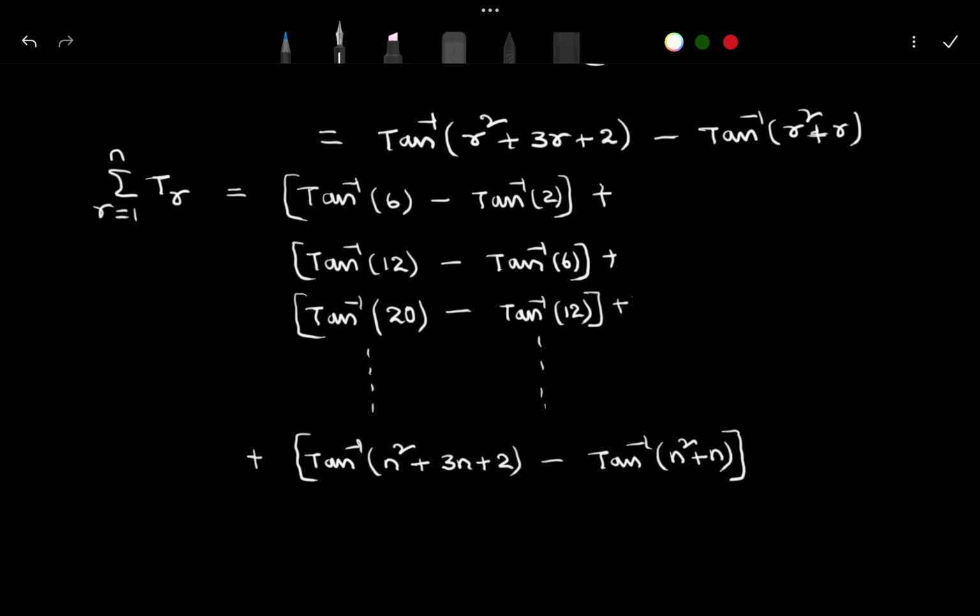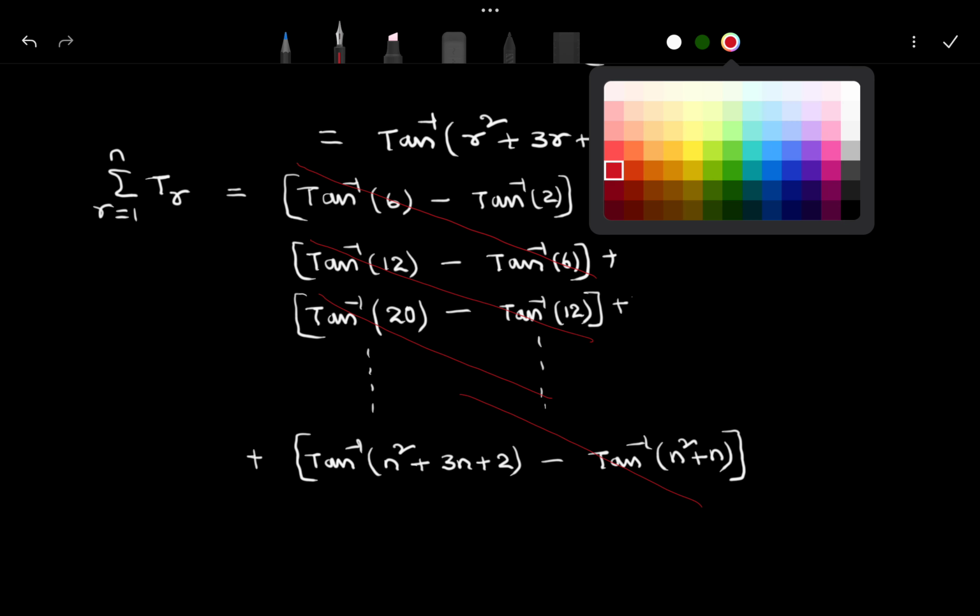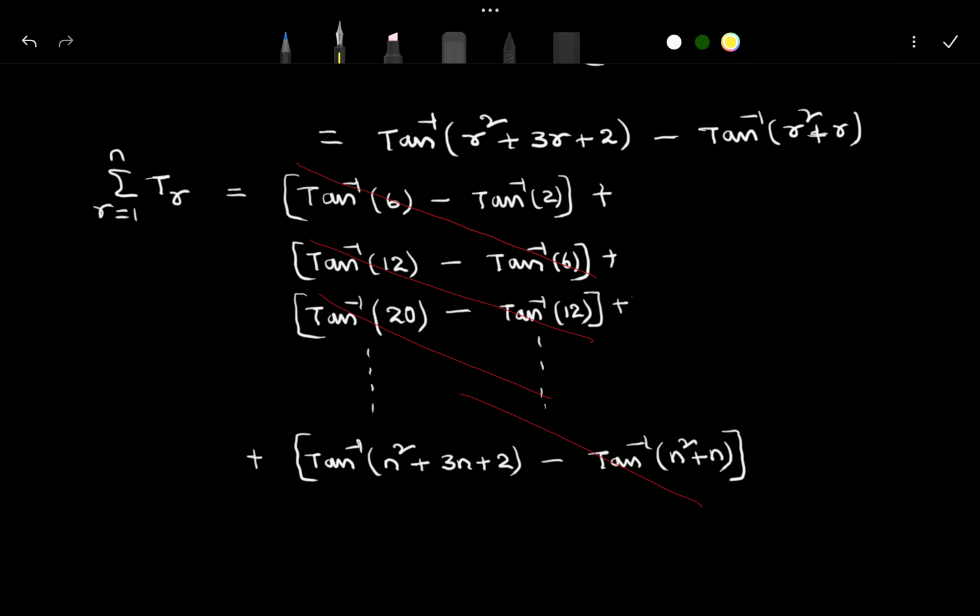Now by observing all these terms, plus tan inverse of 6 minus tan inverse of 6 cancel, tan inverse of 12 minus tan inverse of 12 cancel, tan inverse of 20 cancels, and the same here, this will be cancelled. What are the remaining values? The remaining terms will be, in the last one, tan inverse of n squared plus 3n plus 2, and in the first term, minus tan inverse of 2.